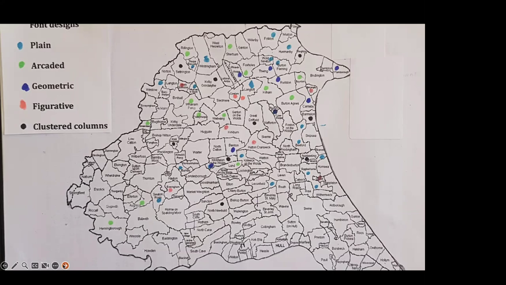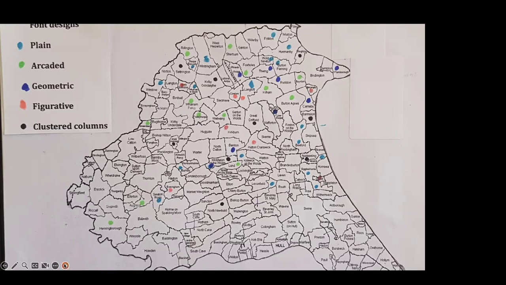There's the plain circular font that we're all very familiar with. There are arcaded fonts, which basically replicate architectural styles. There are geometric fonts. There are figurative fonts. And probably later, towards the end of the period, you get clustered columns, and usually in fairly high status churches, those.